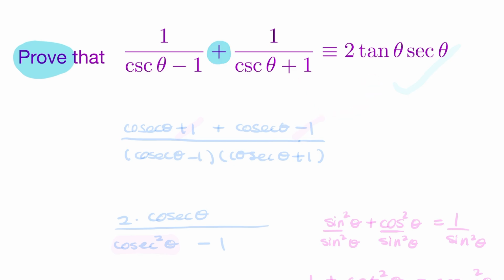So to add fractions, you need a common denominator. The common denominator will be the product of the cosecant minus 1 times cosecant plus 1. So let's write that the long way. So cosecant theta minus 1 times cosecant theta plus 1.